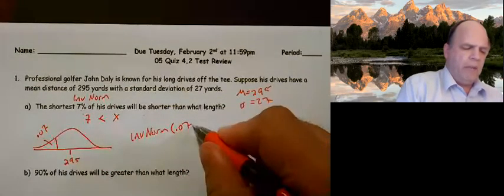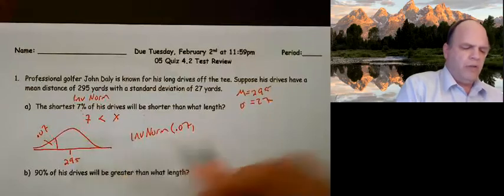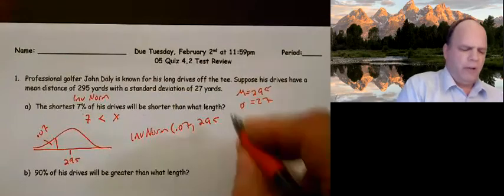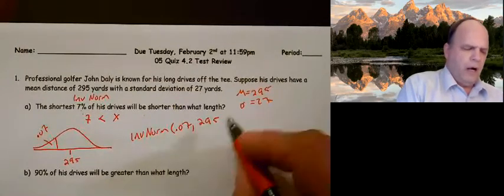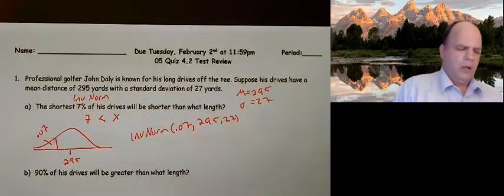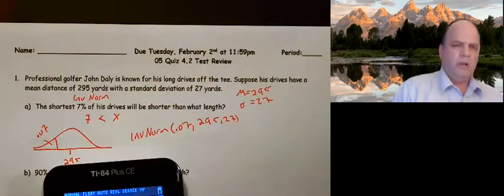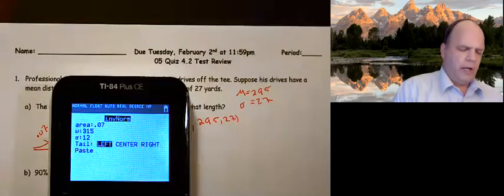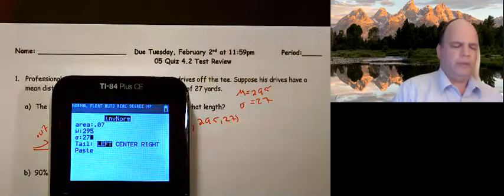Then our mean is 295, and our standard deviation is 27.